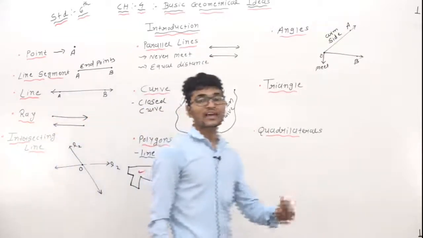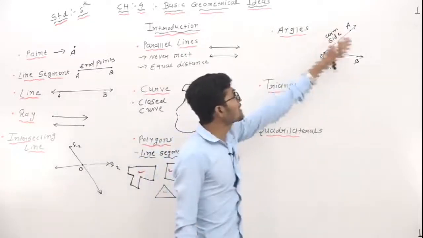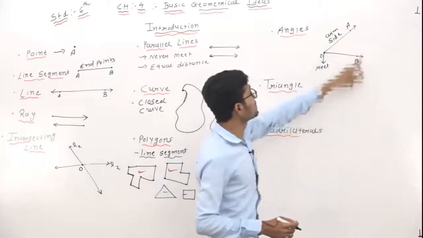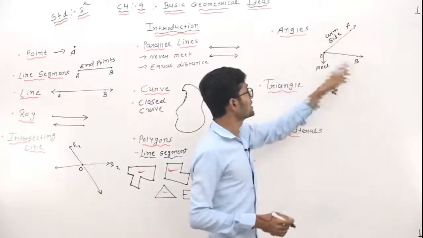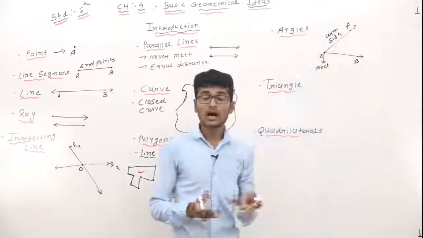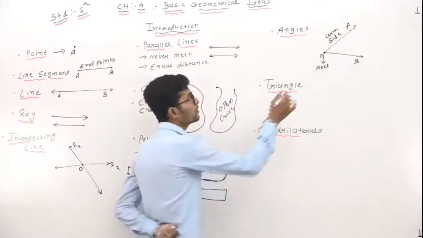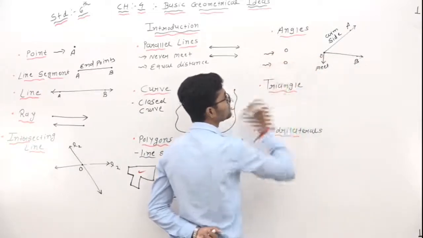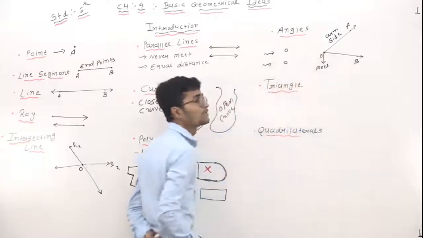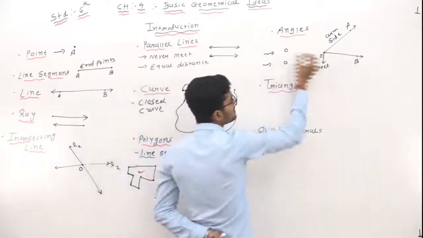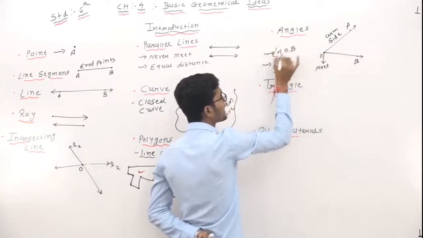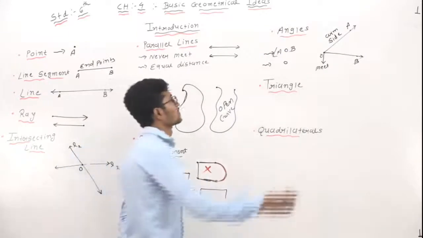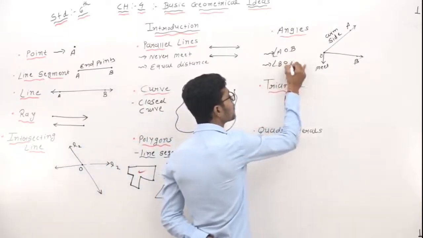Now how to write angles? Name आप इसे क्या कहते हैं? AOB, BOA, ABO, BAO, OBA, OAB. How? First of all, this point is the mid point, so write down the middle. Then after that the other two sides, it means arms, write A, O, B with an angle sign. So it's called the angle AOB. Or this name is BOA.